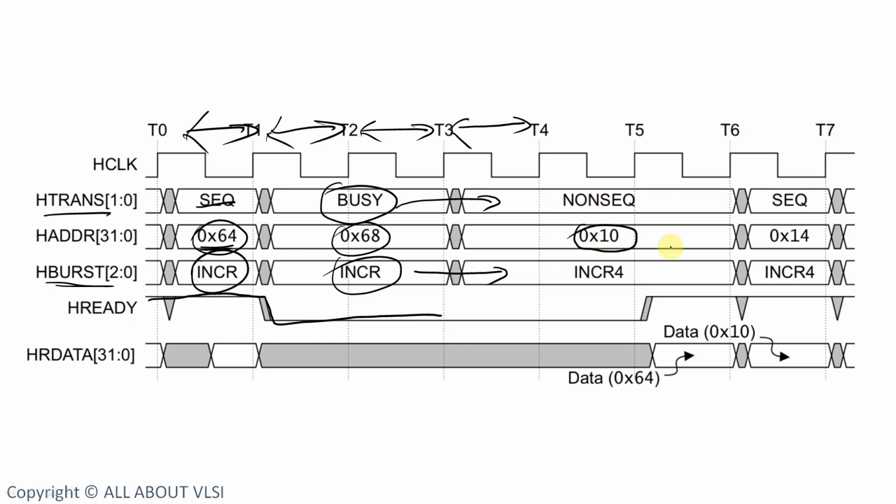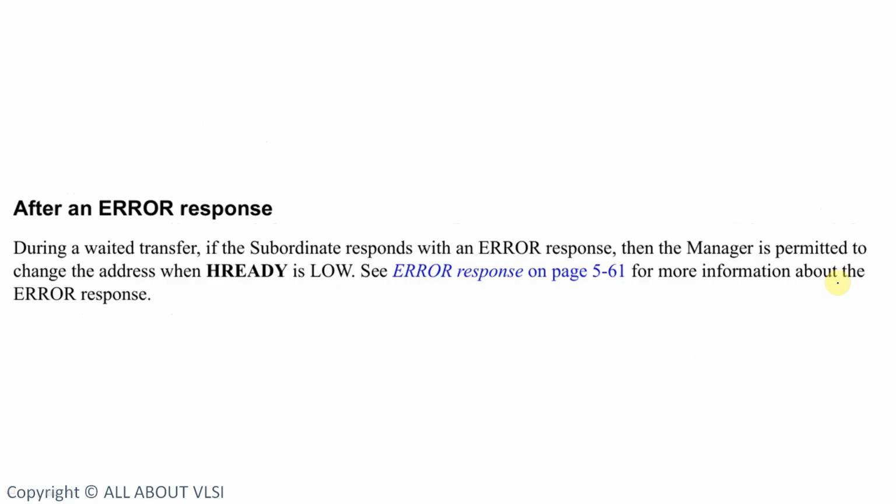If it has changed to a new transfer type, new address and new burst, it should not change those values until your HREADY becomes 1. If your HREADY becomes 1, then in the next cycle the master is allowed to change those values. And you cannot change the burst immediately because it is an INCR4 burst, so you need to first complete the 4 beats and then you can change the burst. So this is how your master is going to change the transfer types, the burst and the addresses during the wait transfer.